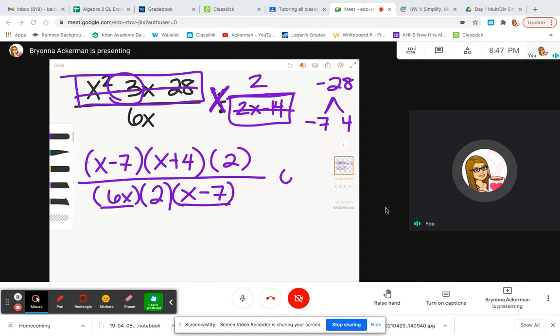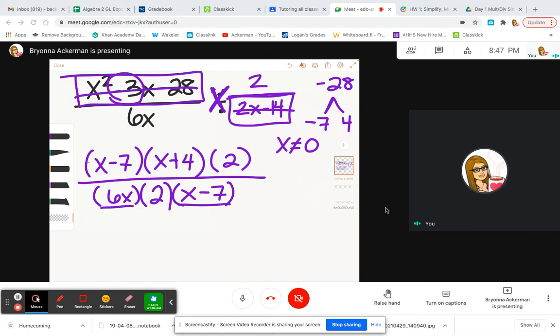If I do 6x equals 0, I divide both sides by 6, and that gives me x is 0. Therefore, x cannot be 0. That is one of the restrictions, because if it were 0, it would change that 6x to 0, and the denominator would now be 0.